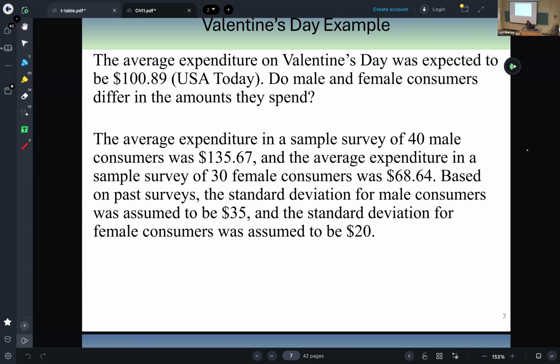So let's say the average expenditure in a sample survey of 40 male consumers was $135.67, and the average expenditure for Valentine's Day for 30 females was $68.64. Based on past surveys, the standard deviation for male consumers was $35, and it was $20 for the females.